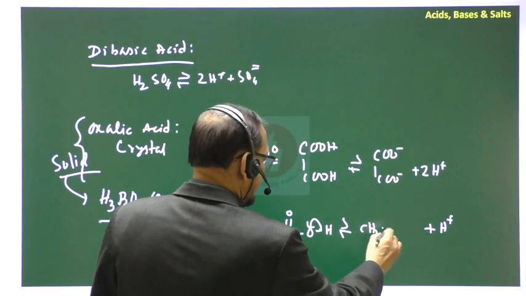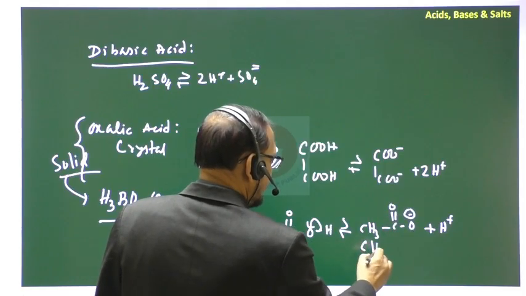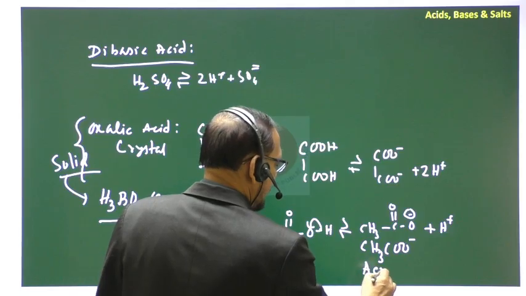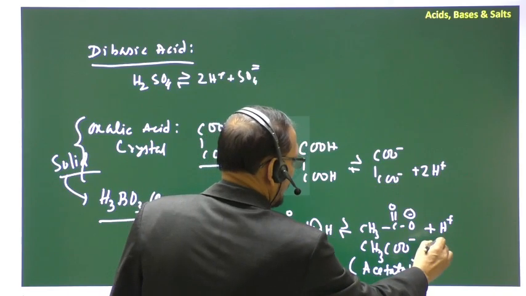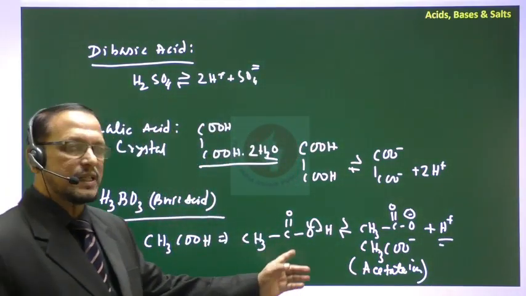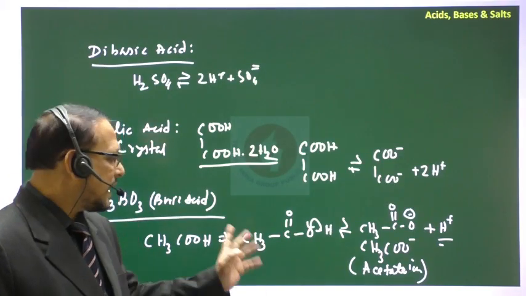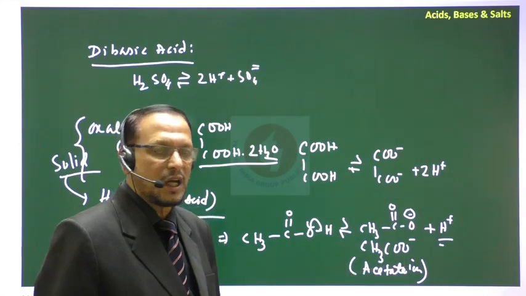It forms CH3COO minus, shortly written CH3COO minus, the acetate ion. Any compound that gives the proton is an acid. It is a monobasic acid, although it contains 4 hydrogen, it gives only one replaceable hydrogen, that's why it is monobasic. If it contains 2 replaceable hydrogen, it is a dibasic acid.